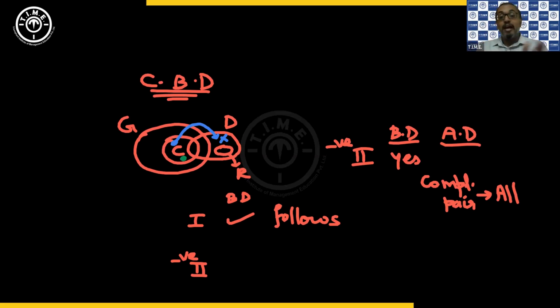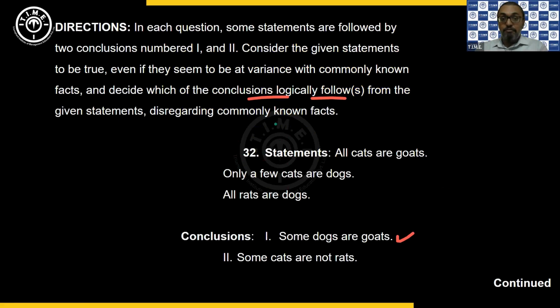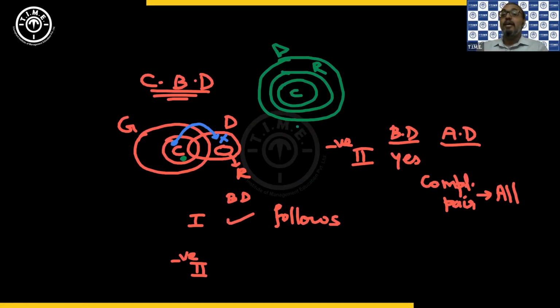If I take all the cats inside rats, are you understanding my point? Since all the rats are inside of dogs, all the cats will also go inside of dogs. But we have a very clear instruction in the second statement that says only a few cats are dogs. So all the cats cannot go inside dogs.